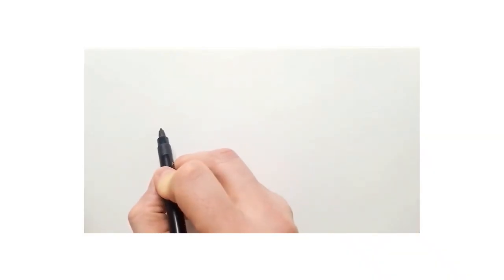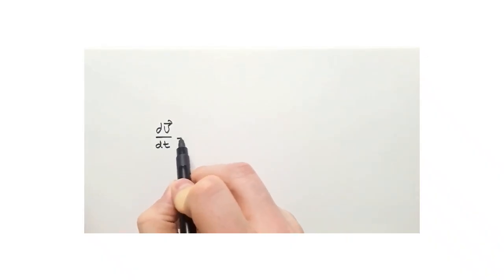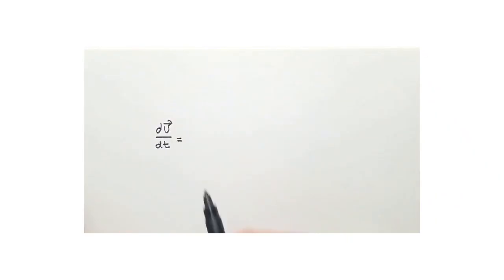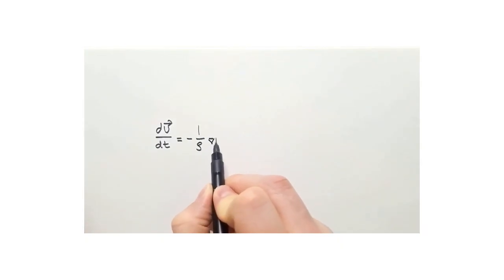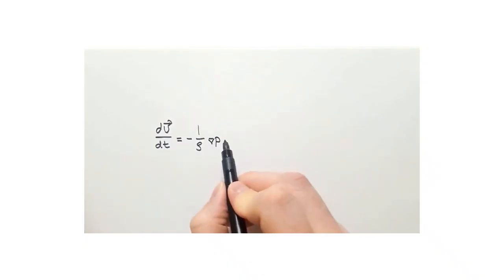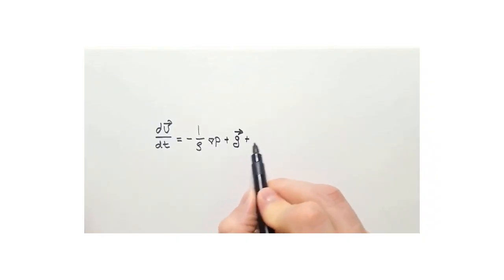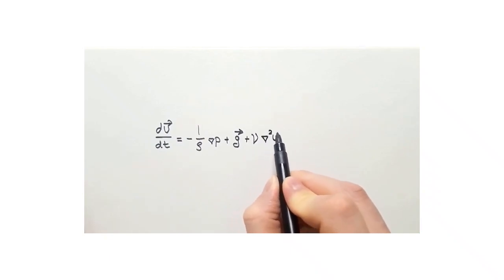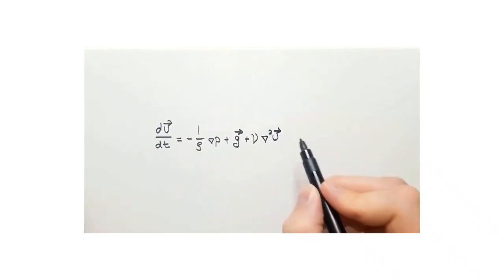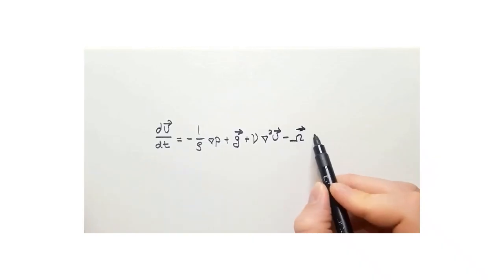Let's do it. The acceleration du dt is equal to first pressure gradient force, second gravity, third viscous forces, fourth centrifugal force.